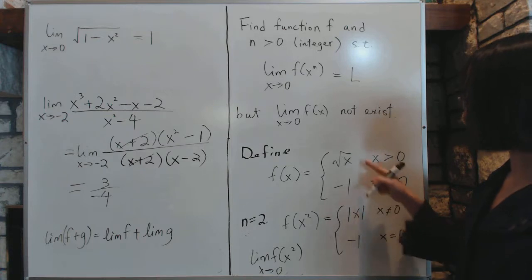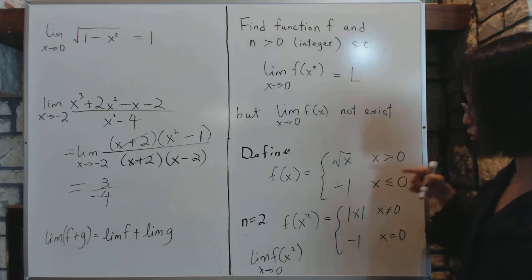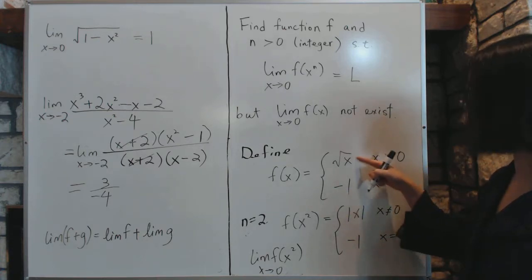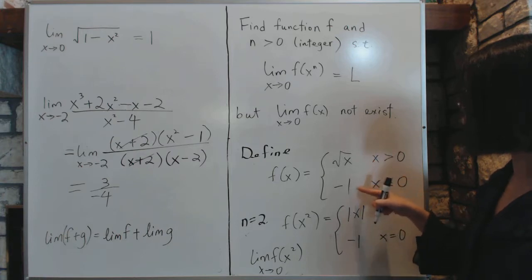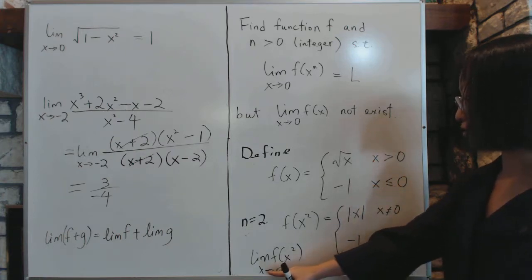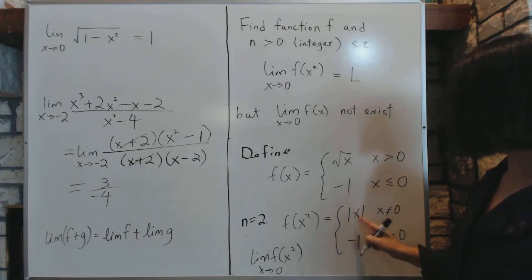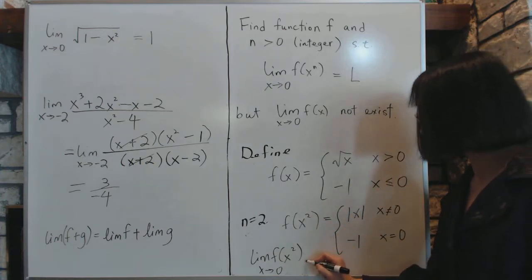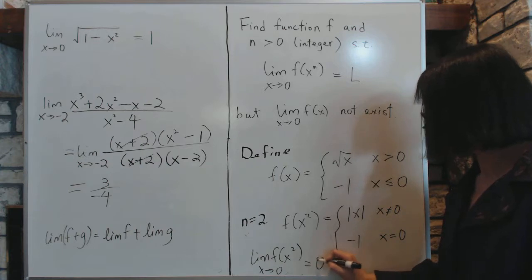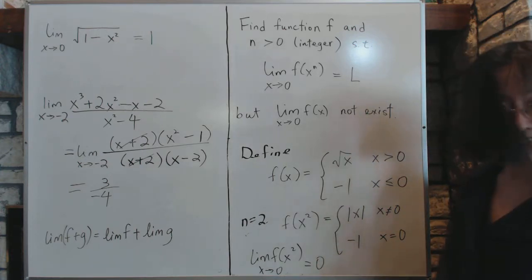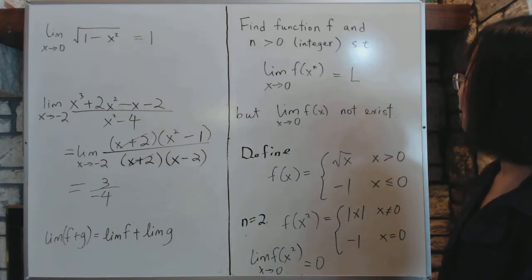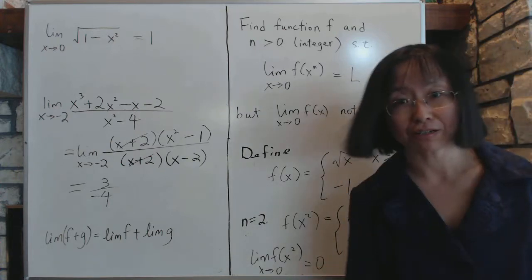Now the limit exists, because before, when you take the limit, the two sides go to different places. One goes to 0, the other goes to -1. But now, as x goes to 0, x gets squared, so both sides will approach 0. Both sides will follow that equation, and so the limit equals 0, and it does exist. And that concludes our explanation of this weird little problem.